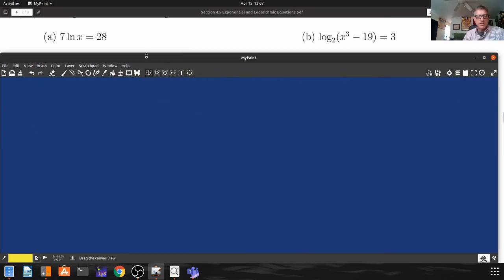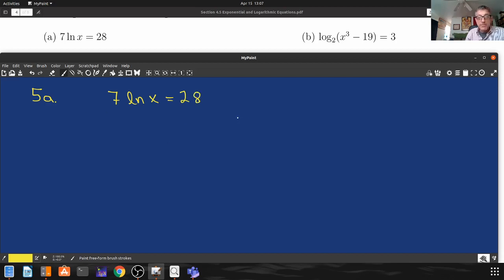Now we're going to solve the next equation, and we're going to give exact values. Solving logarithmic equations isn't too bad, but you basically just have to use all of the properties of a logarithm to get to it. So we have 7 times the natural log of x is equal to 28.